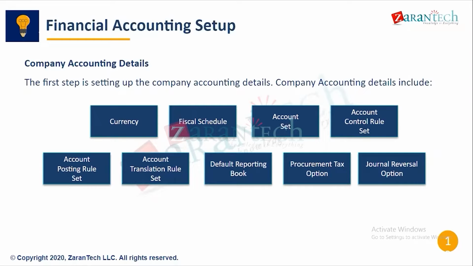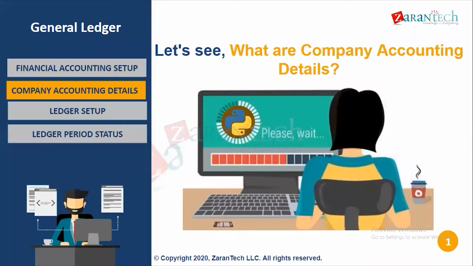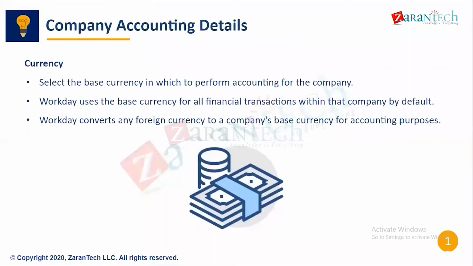Then we created currency. By default, Workday provides the currency, and there are two types of currency that we discussed: the base currency and the foreign currency. In the base currency, you perform the company accounting transactions.